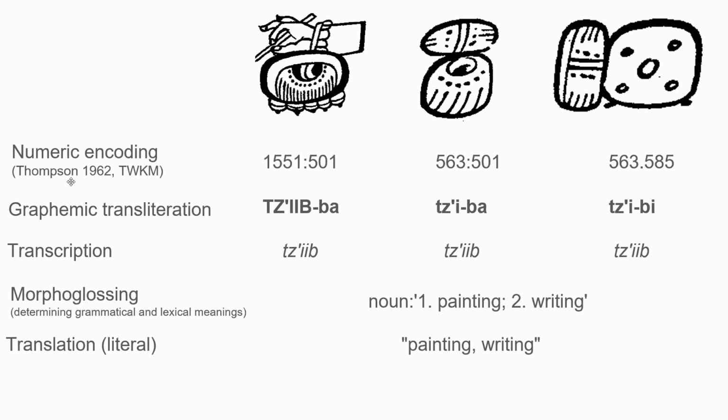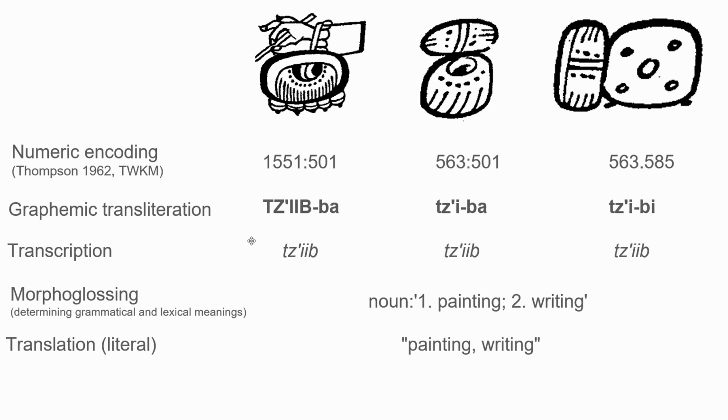And the next level is the graphemic transliteration, meaning Tz'iib. This is also the word for Tz'iib. We use the word transcription when we do a linguistic interpretation of the transliteration. Sometimes in our field, colleagues use transcription for that section, and I think in other epigraphies this specifically has not been conventionalized in epigraphic research generally.